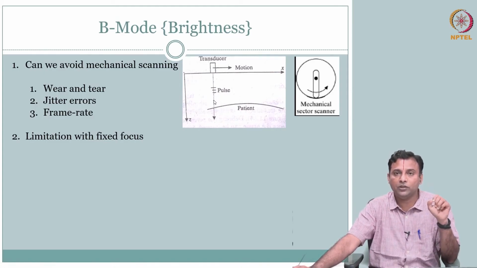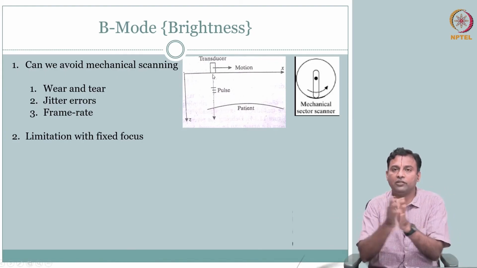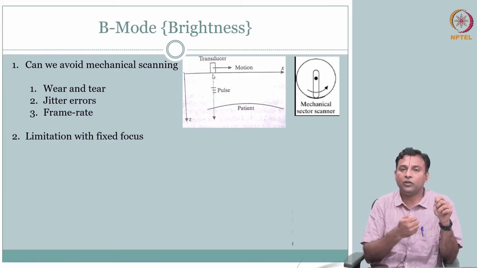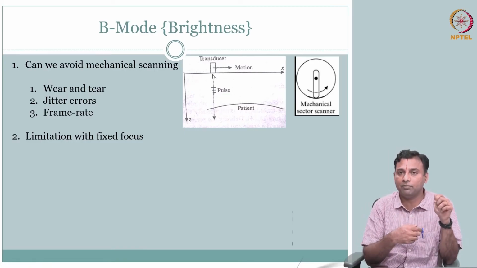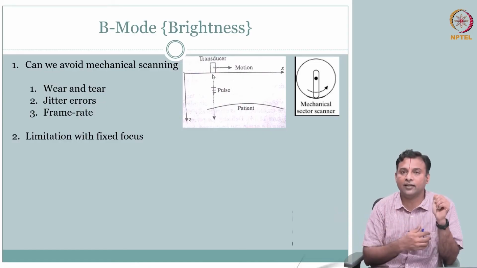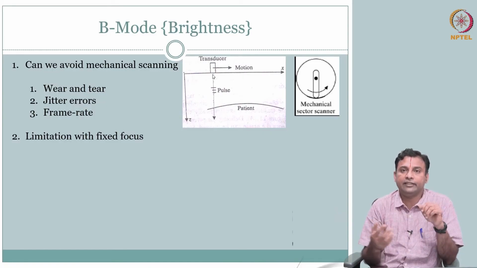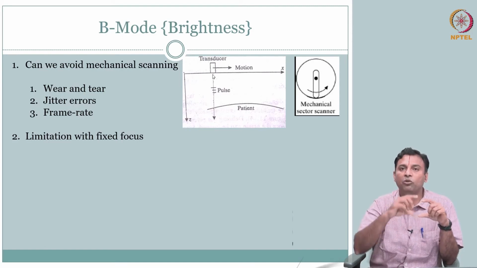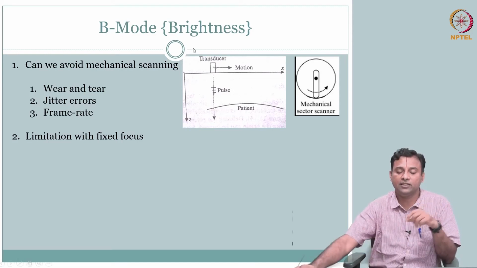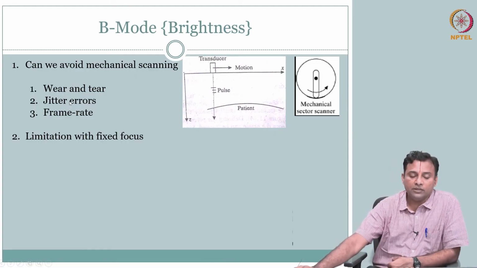But then the challenge was, you can have only one lens because there's a physical acoustic lens in front of the transducer. So each transducer will have one focus. So if you want a focus at a different depth, for example, you need to take another transducer or just live with this. Move the patient, the object can be moved up and down so that it fits the focus. So in some sense it's very limited.